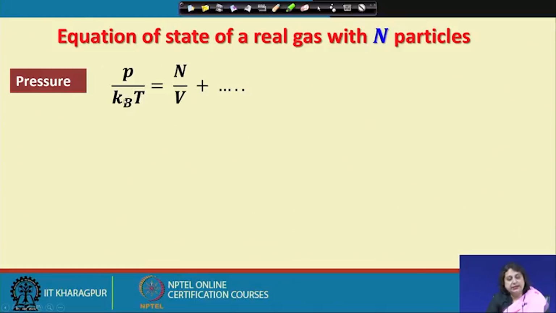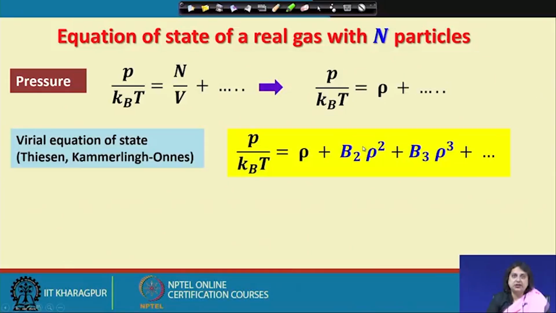So, what we have done is we are now rewriting this expression as P by kT equal to N by V plus other terms, which means that if I write it out in terms of rho, then it turns out to be P by kT equal to rho plus the additional correction terms appearing from the interactions.